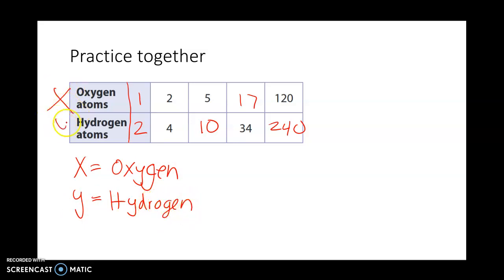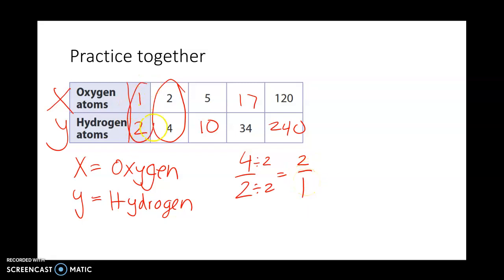Okay, x, y. Now I need my fraction. What is my fraction? Now, technically, you could pick any number on here that you want, or any pair. Maybe we could pick 2 and 4 if you want. So it's going to be 4 over 2, but I have to reduce it. Divide by what? 2. And that gets me 2 over 1.